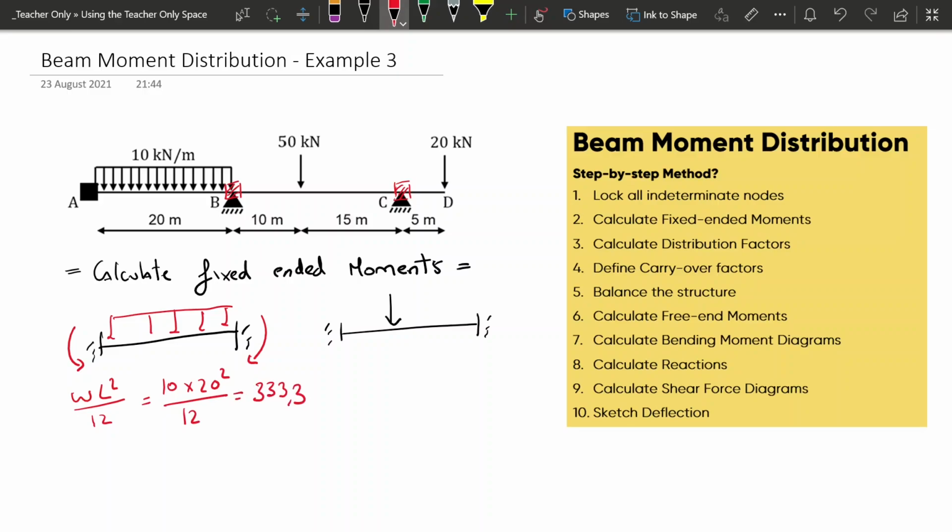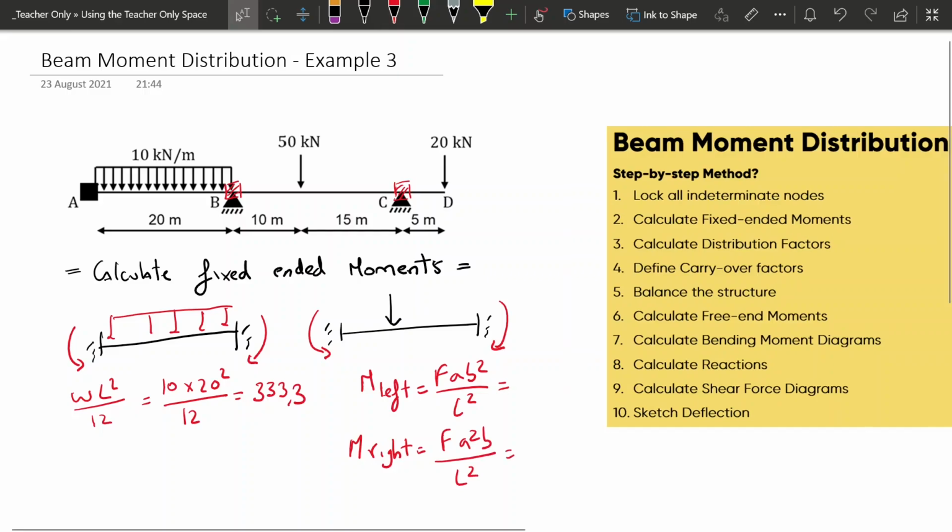Now for the case of the load that is not centered, on the left side and the right side we have different moments. The moment on the left is equal to FAB squared divided by L squared, and the moment on the right is equal to FA squared B divided by L squared.